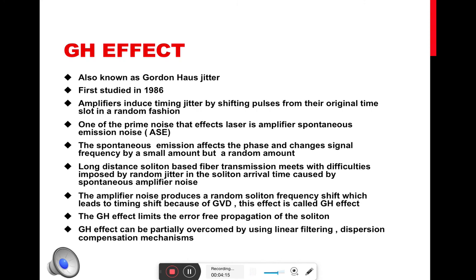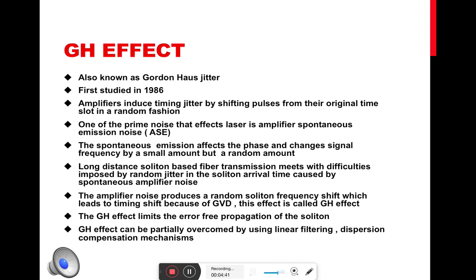When that is over, it has to come back to its lower level, releasing some amount of energy, which results in spontaneous emission noise. Because of this spontaneous emission noise from the laser in a soliton transmission system, there is a change in the phase and the frequency of the soliton transmitting through the system, which causes a random shift in the soliton.